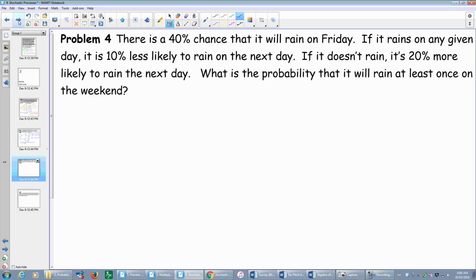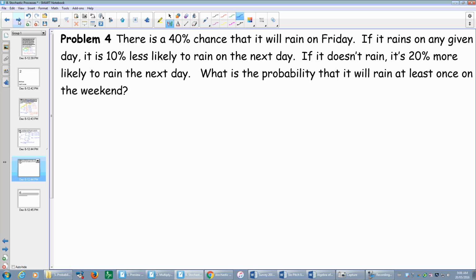Okay, problem 4. It says here, there is a 40% chance that it will rain on Friday. If it rains on any given day, it is 10% less likely to rain on the next day. What is the probability that it will rain at least once on the weekend?